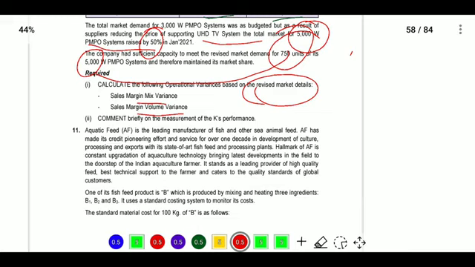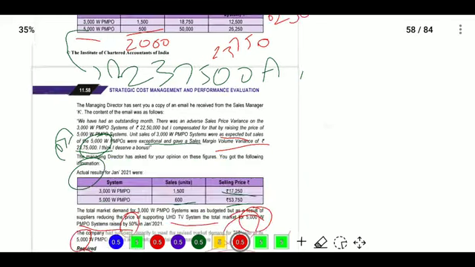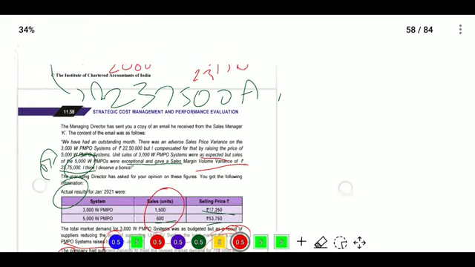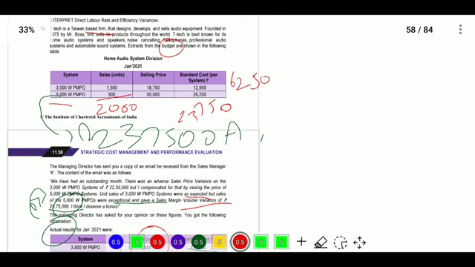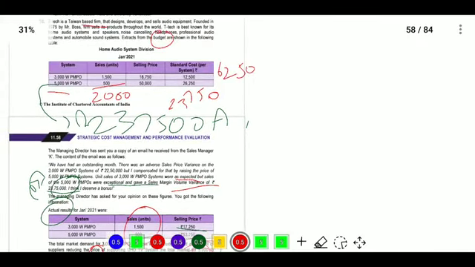For margin mix variance, we will see the actual quantity minus revised quantity into the standard contribution, the standard margin we have already calculated, 23,750. We require actual quantity 1500 and 600, and the revised actual quantity: 1500 and 600 will be 2100.